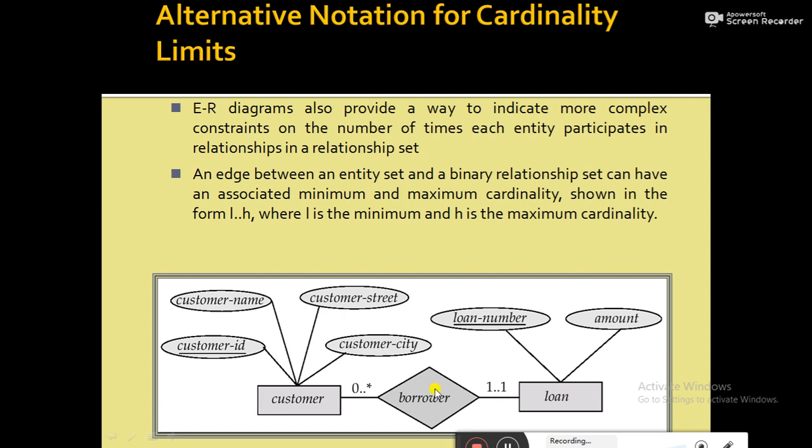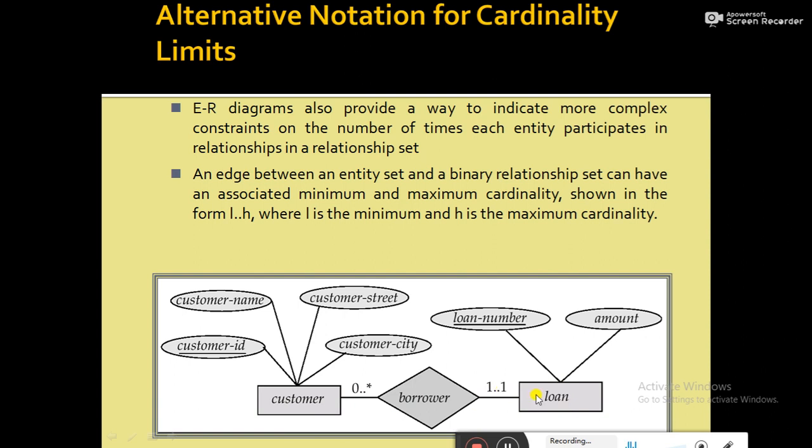So 0 means a particular customer need not be associated with any entity in the loan relation, or may be associated with multiple records in the loan relation. So 0 means nothing and star means multiple.